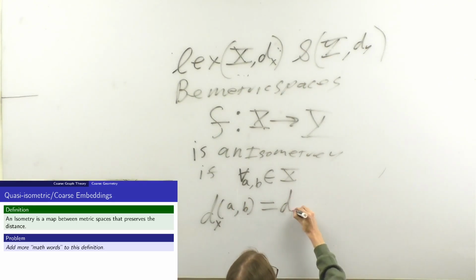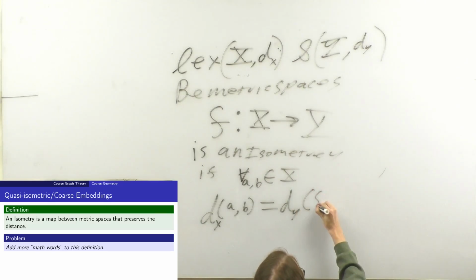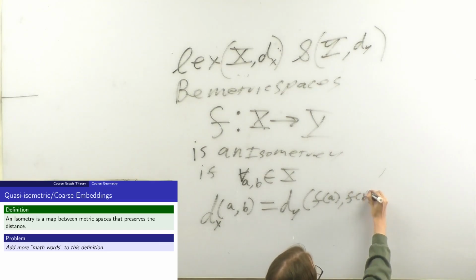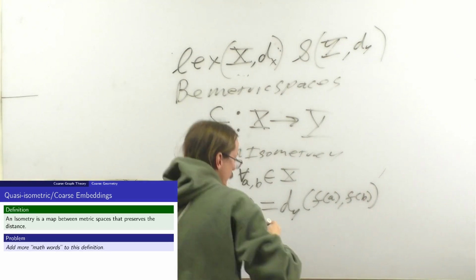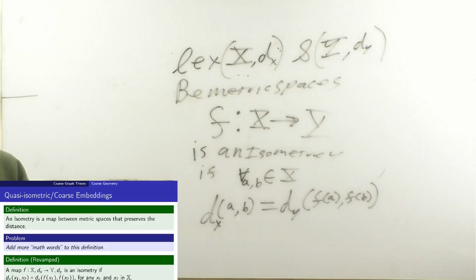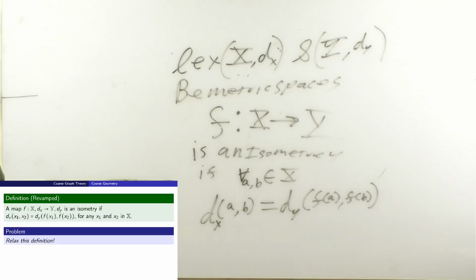So it's got to be the same as the distance in Y between wherever I send A and wherever I send B. There. Okay, we did it. We translated this into math. Give me the next slide. Oh, look at that. I did exactly the same thing, but I did it with some different letters because I'm clever. Okay, give me the next slide.